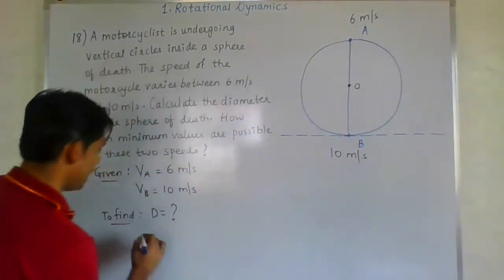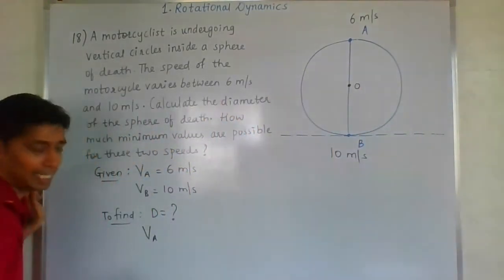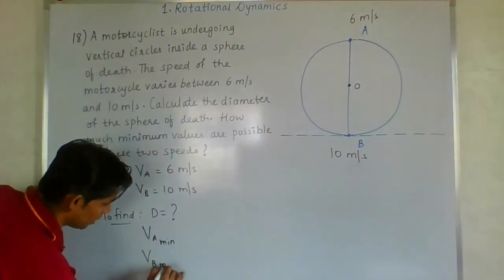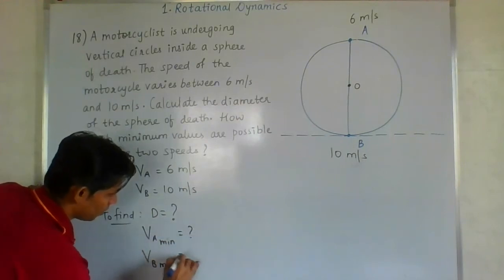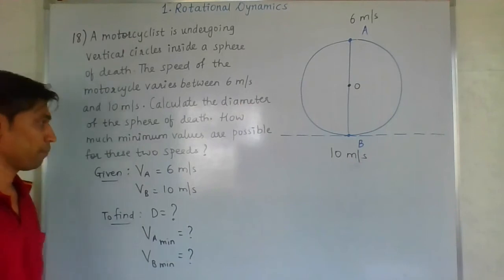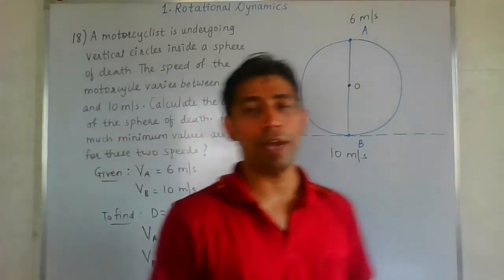So you have been asked to find the velocity at A minimum as well as velocity at B minimum. You get to know and understand this very well जब मैं इसका आपको फॉर्मूला बताऊं. Okay, so how we are going to first find the diameter.